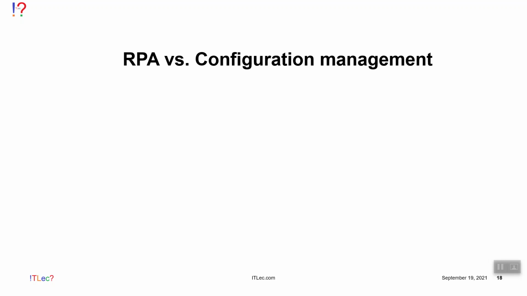The primary goal is to increase productivity with minimal mistakes. So again, if we wanted to squeeze RPA, we can use it as configuration management, but I prefer to keep each tool for the purpose it was created to satisfy.